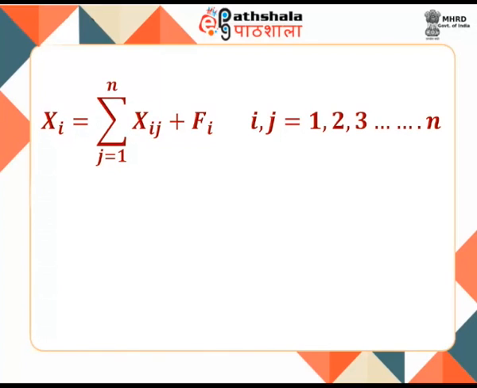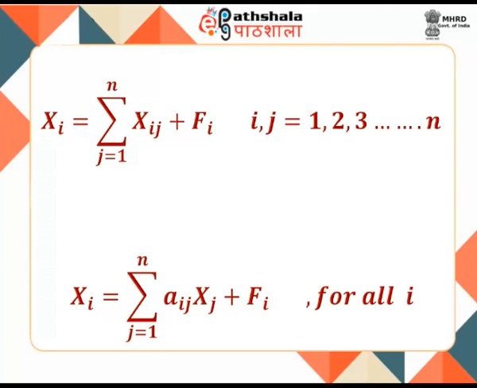Xi is equal to summation of xij, where j goes from 1 to n, plus fi, j equals 1, 2, 3, and so on to n. Or xi is equal to summation of aij xj, where j goes from 1 to n, plus fi for all i.